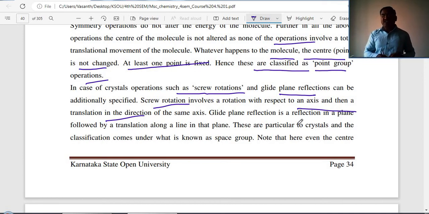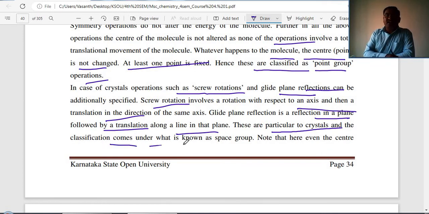Glide plane reflection is a reflection in a plane followed by a translation along a line in that plane. These are particular to crystals and the classification comes under what is known as a space group.